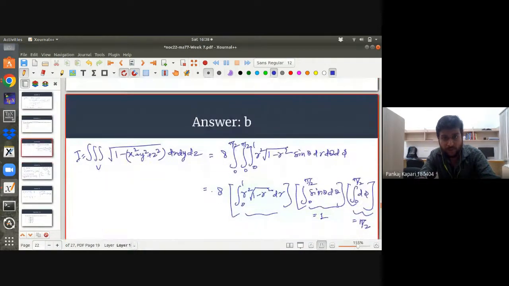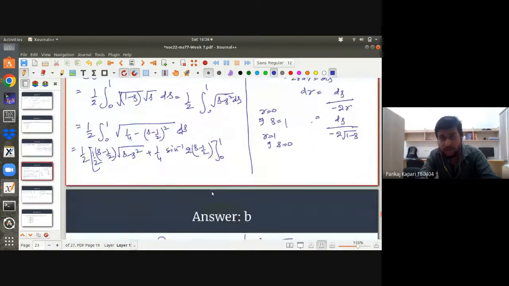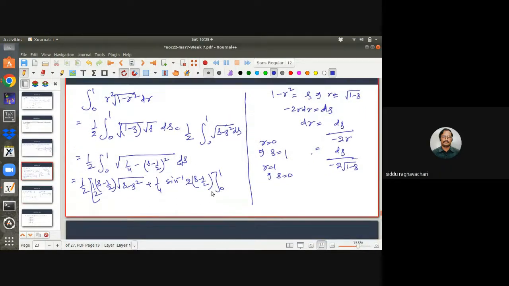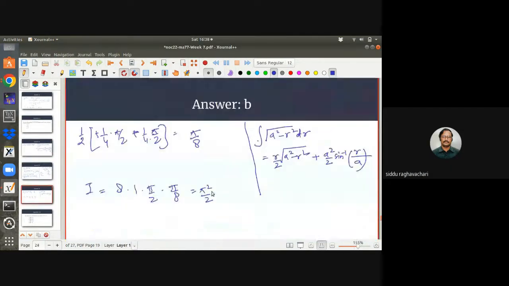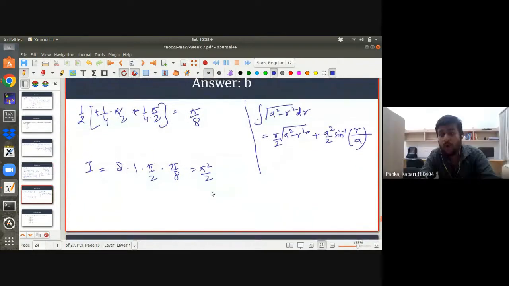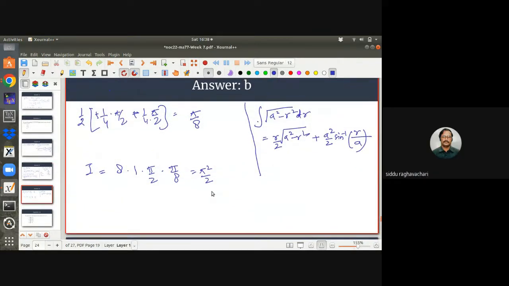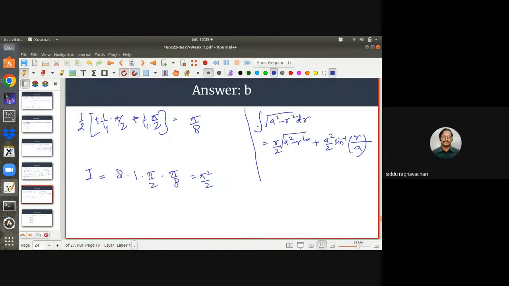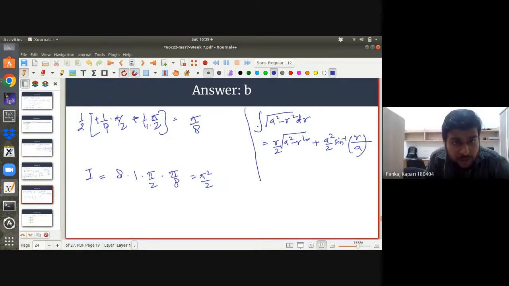The answer is pi square by 4. So somewhere there is a half missing. Half missing at the second term. The sine inverse coefficient is a square by 2, 1 by 4 by 2, that means 1 by 8. So this becomes 1 by 8. Right, you are correct. Thank you for that.